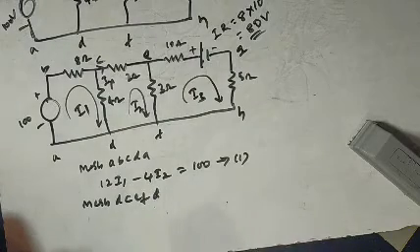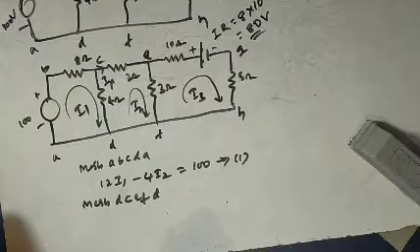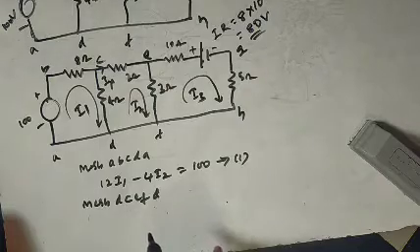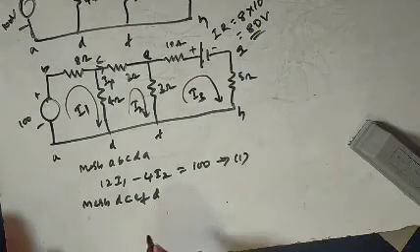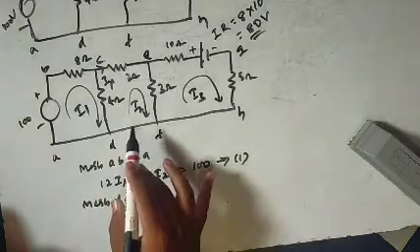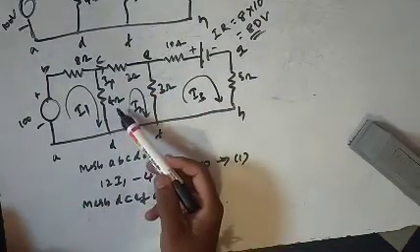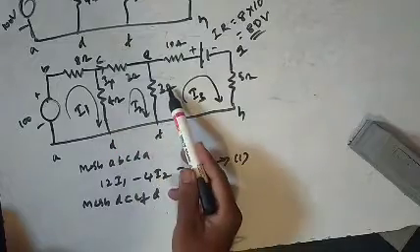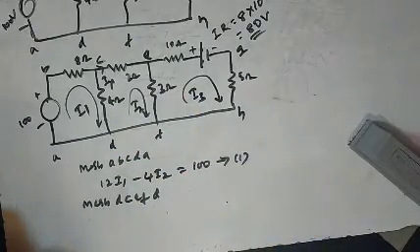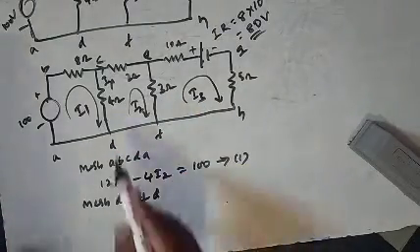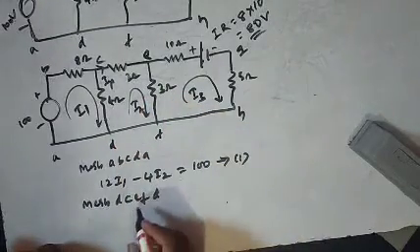Similarly for another mesh, D, C, E, F, D, you have 3 resistances: 4 ohm, 2 ohm, 3 ohm. This 4 ohm is shared with mesh 1 and this 3 ohm is shared with mesh 3. So 4 plus 2 is 6, 6 plus 3 is 9.